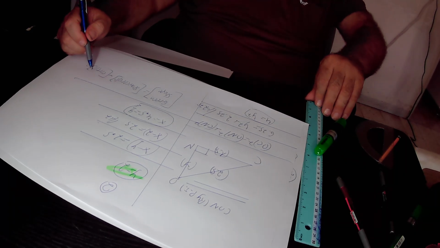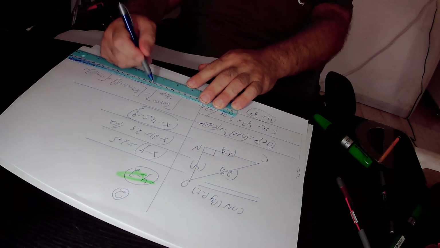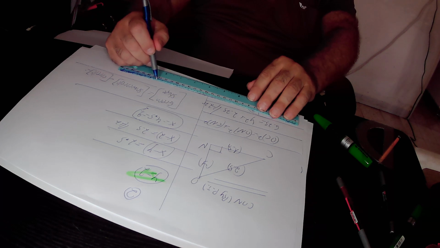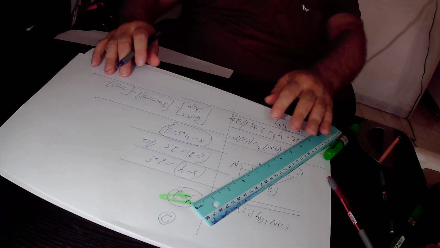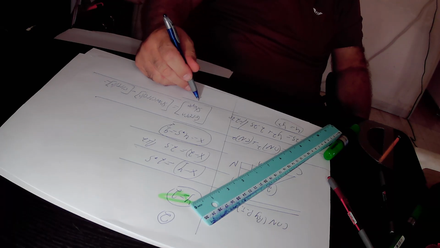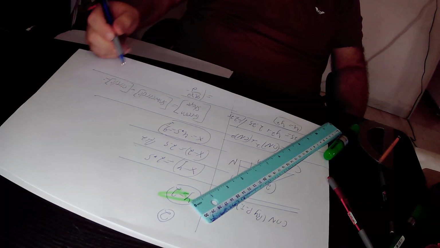What is the area of the big semicircle? We know that the radius of the big semicircle is x. Therefore, the area of the big semicircle must be equal to pi x squared over 2, minus the area of the small circle.